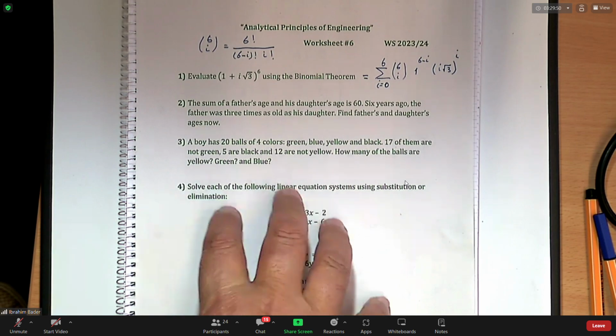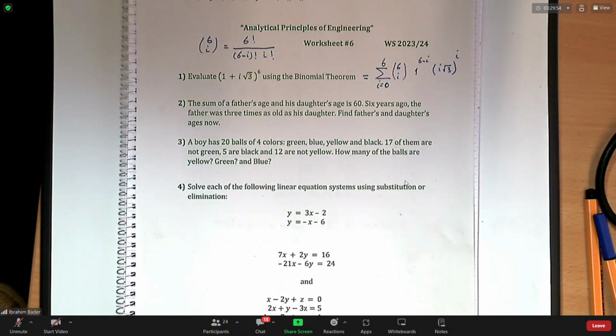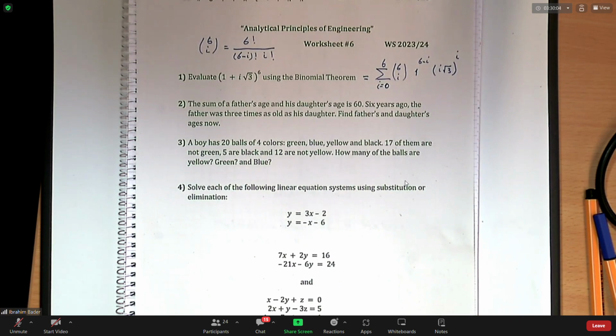And the last one here, question number 3, you have 3 different systems of linear equations. The first 2 with 2 variables, the third one with 1 variable. Today we learned a more systematic way to solve, in particular, this last one with 3 variables. However, here we are just trying to solve it using the basic elimination or substitution methods.